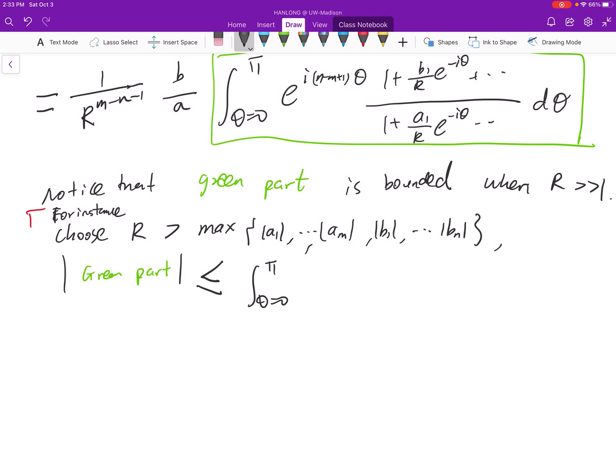And then for the numerator, this is not enough.